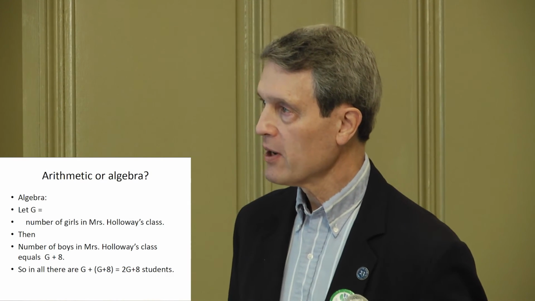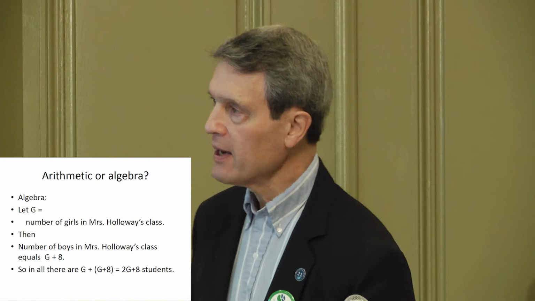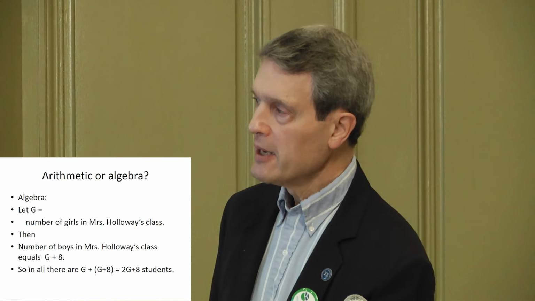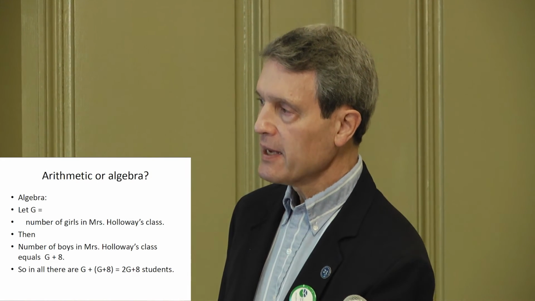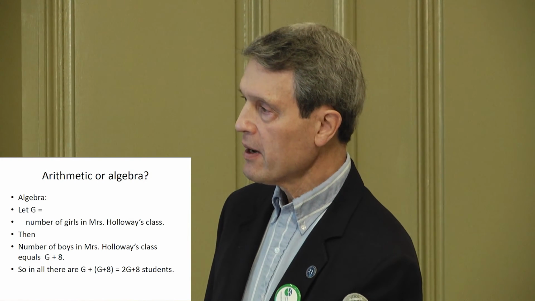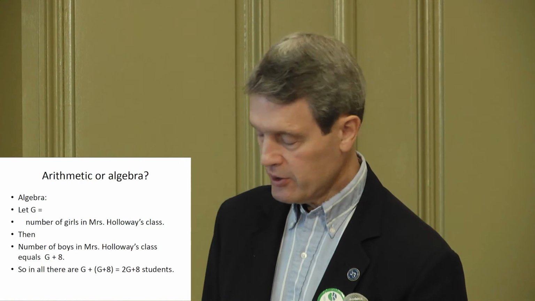They solved it more or less like this. If you approach it with algebra, you would say, well, let G be the number of girls in Mrs. Holloway's class. Then the number of boys in Mrs. Holloway's class is G plus 8. So in all, there are G plus G plus 8, which is 2G plus 8 students.